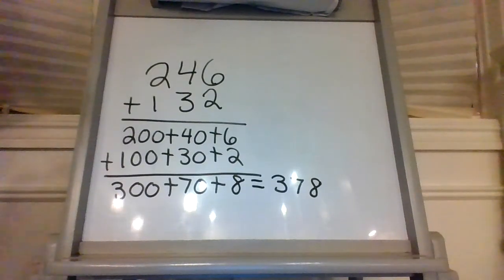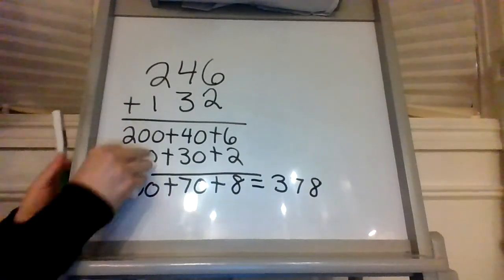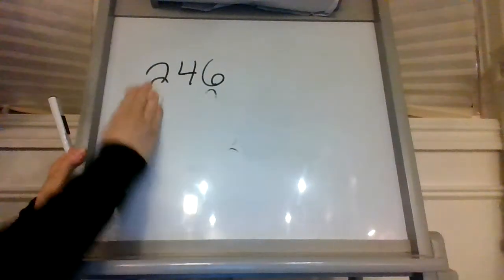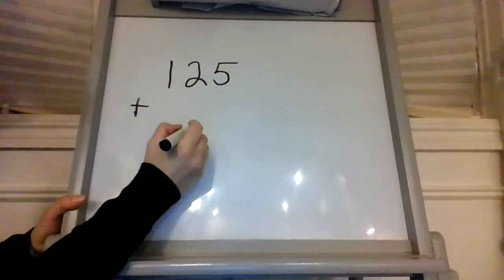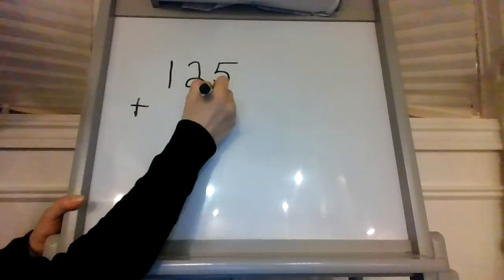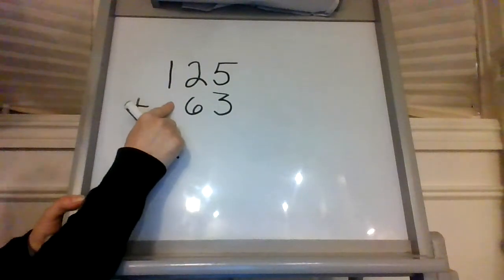I think I'm going to show you one more example. For my final example, I'm making it even trickier. 125 plus 63. So there's no hundreds here.